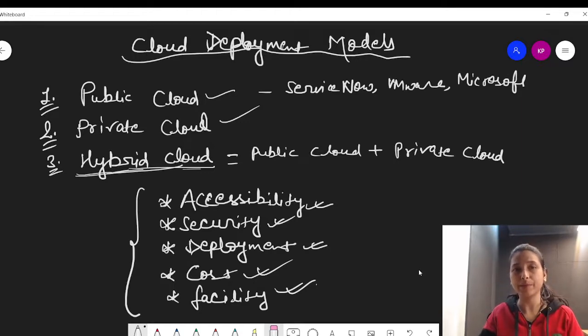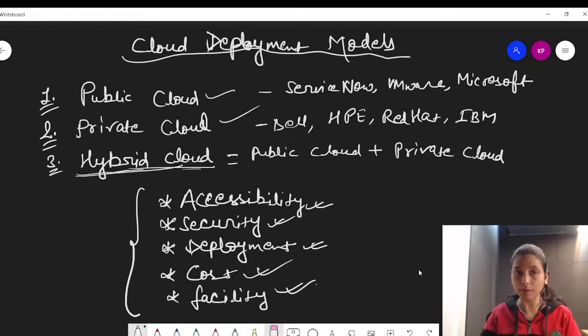There are multiple companies who provide public cloud. These are the providers. These are companies who used to provide a public cloud. Fine. And if I talk about private cloud, the companies such as Dell, HP, Red Hat, IBM as well. So these are the companies who are the providers of private cloud.